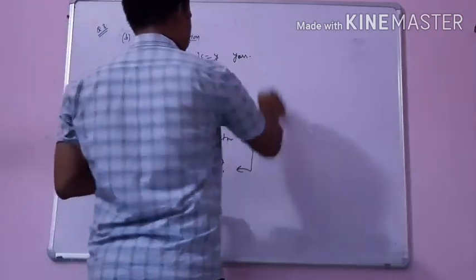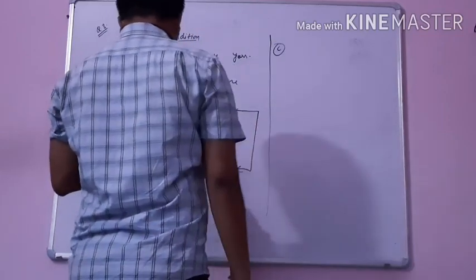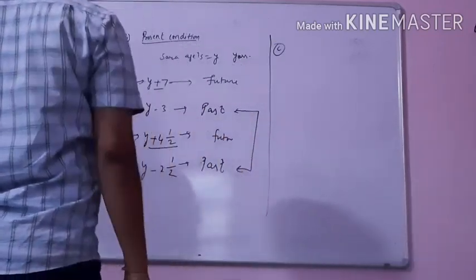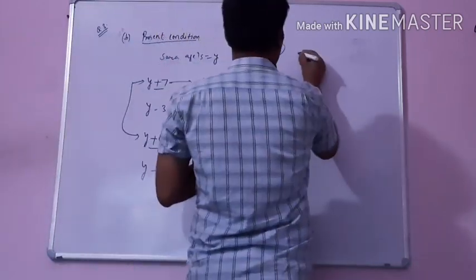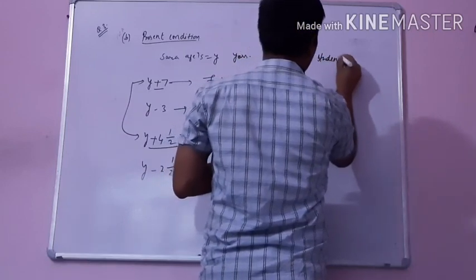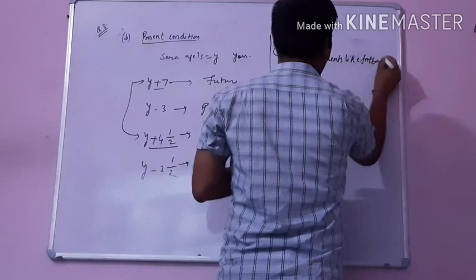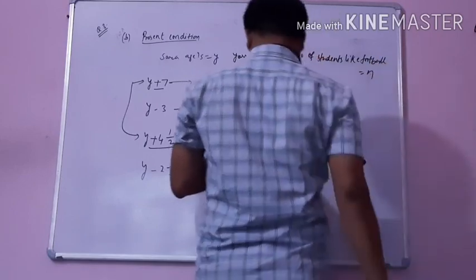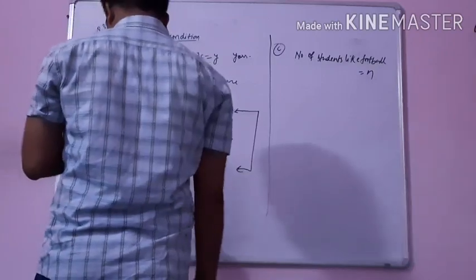Now moving to question number c. See what is given: the number of students in the class who like football equals n. What may 2n say? What may n upon 2 say?